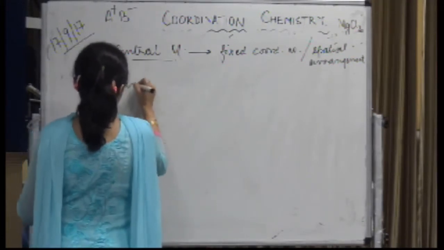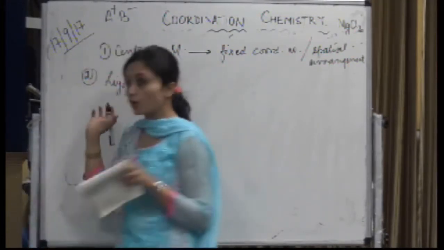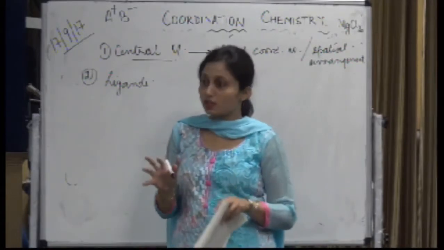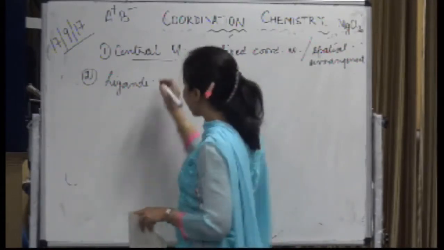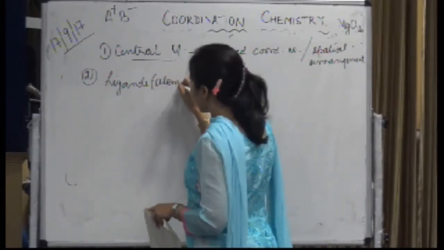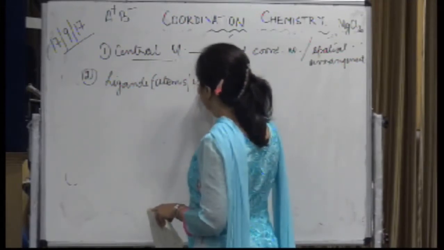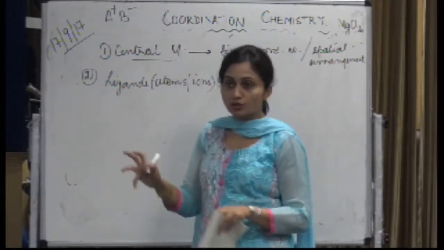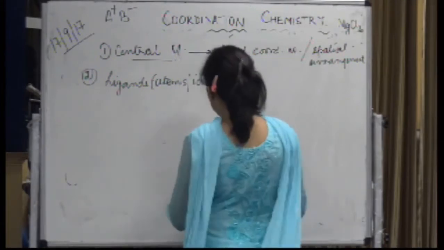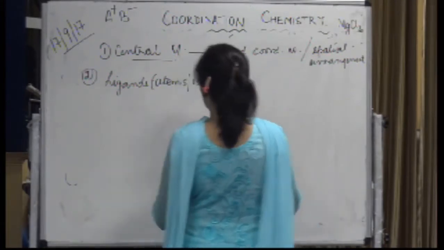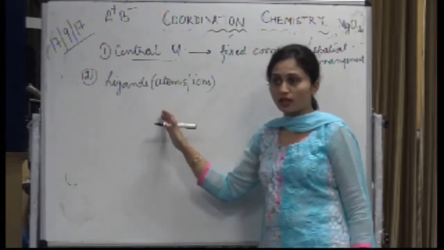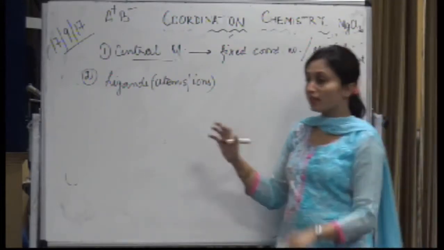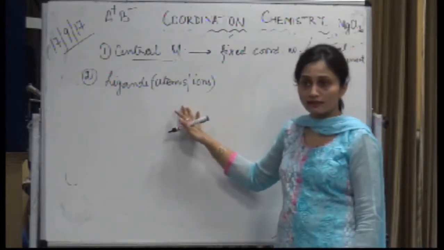Now what are ligands? Ligands are the ones which are contributing as the coordination number. They are the atoms or ions which are bound to the central metal atom. Now here, just look up, because we are just introducing, we can talk about different types of ligands.